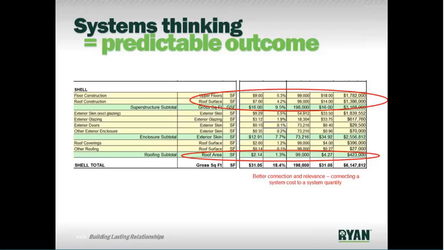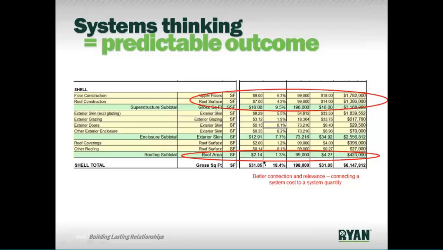So essentially, just for round numbers, let's say you've got 2 floors of 100,000 feet. And what you're seeing here is that the system, which is the floor construction, which is steel, concrete, metal deck, everything that's involved in that structural system, is being allocated over that system quantity. So now you have a relevant benchmark that $18 a square foot is the cost of that system. $14 a square foot is the cost of the roof system.